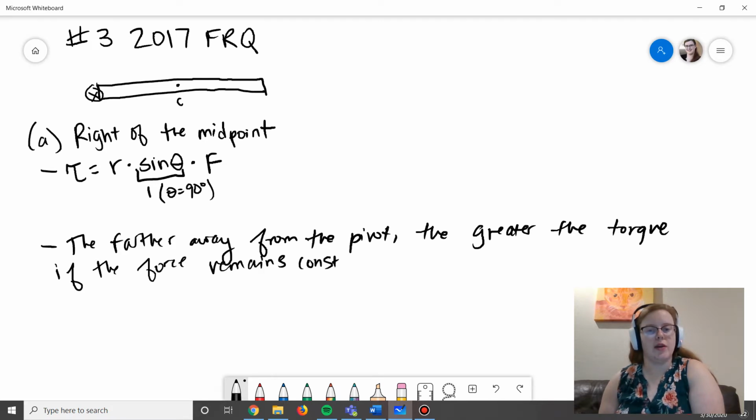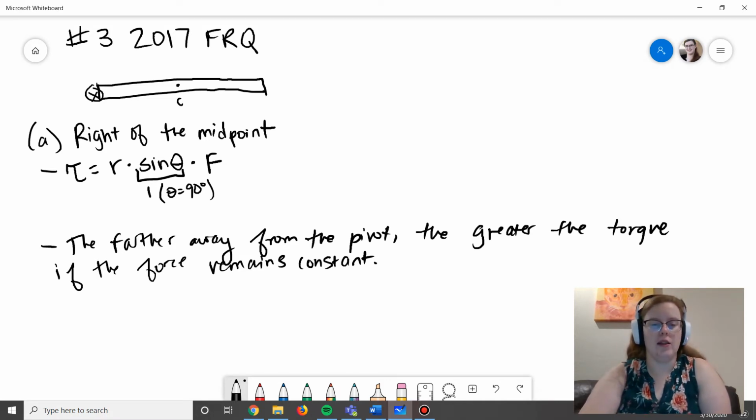And we're going to assume constant force here because the problem didn't tell us any differently. If it does, of course, keep that in mind, but here we can assume that the force is constant, so the only variable affecting the torque that you have applied here is r, the distance from the pivot. So we know we want to apply our force as far away from the pivot as possible. Okay, let's move on to part B.